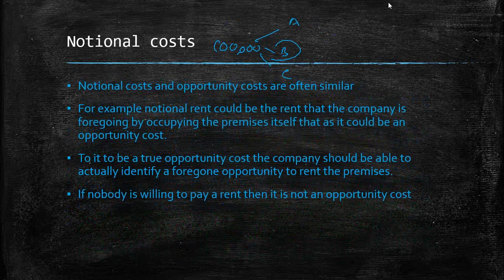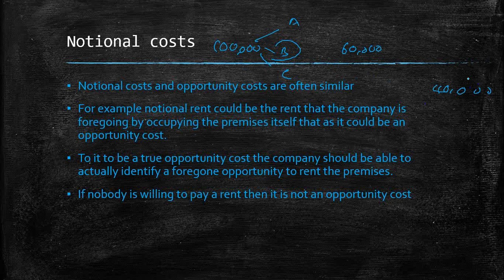If you shut down that Unit B division and the rent comes down from 100,000 to 60,000, then of course there's a relevant saving of 40,000 by shutting down.